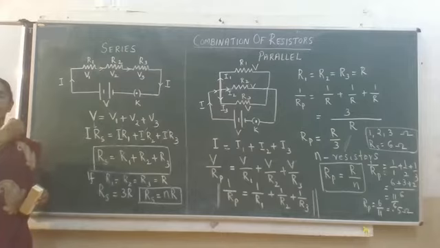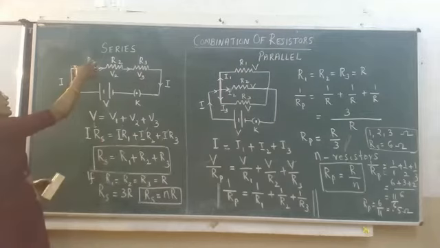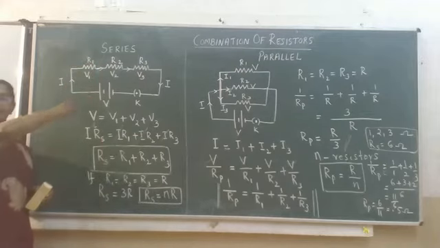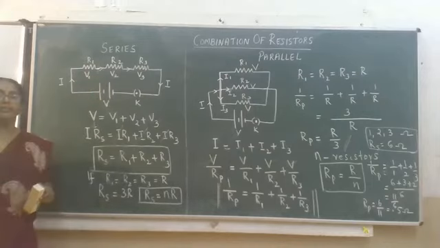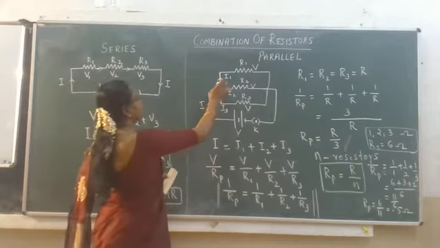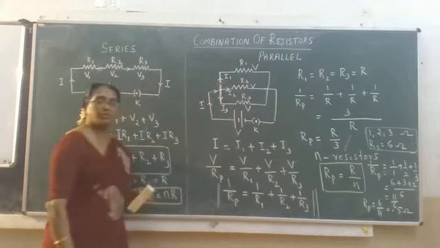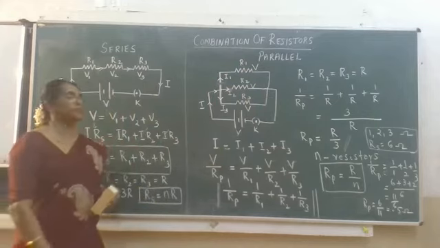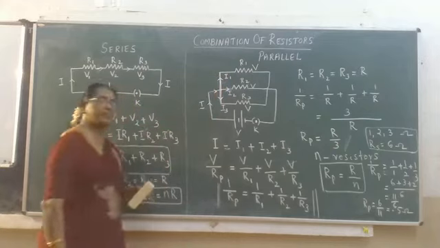Your common sense says no, current will not flow. So if one of the devices or resistors gets disconnected, then the entire circuit becomes functionless. But on the other side, if I disconnect this, the current will flow through the other two and they can work. So that is the speciality of the parallel combination of a circuit.